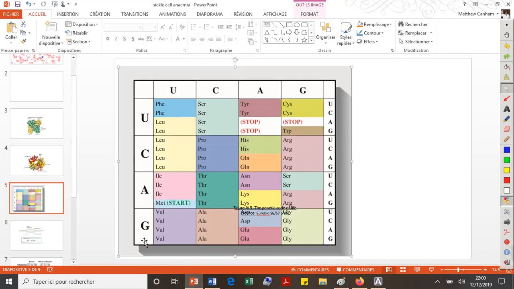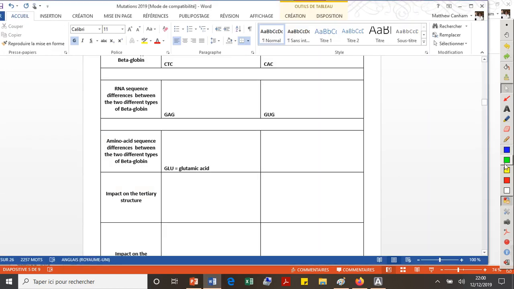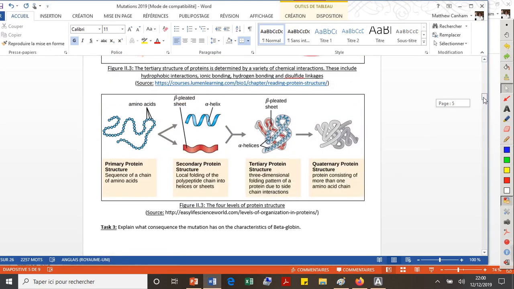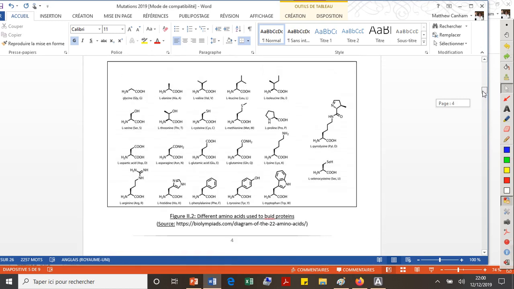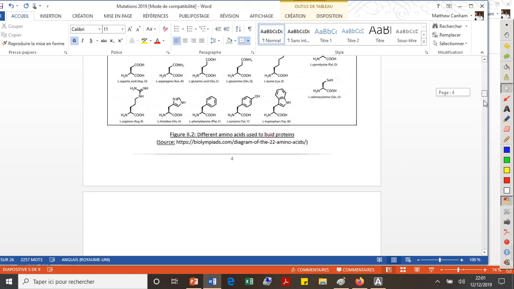So I go back here, G, so it's going to be this line, U, so we're into this box, and G, so it's going to be VAL, and VAL, where is it? Aha, valine. So there we go.